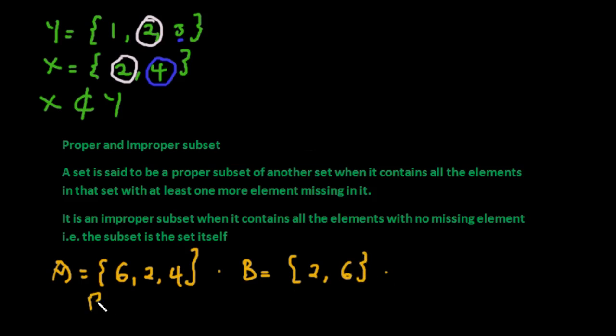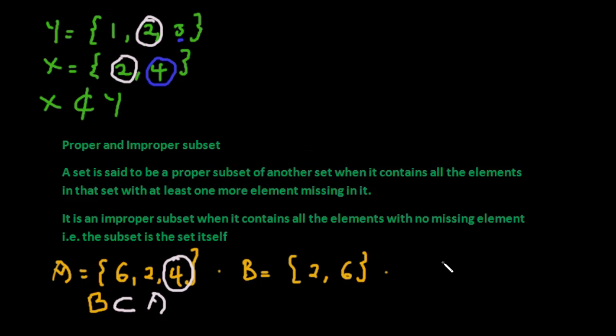Now, B will be a proper subset of A because every element of B can be found in A, and we still have at least one element of A that is not in B, which is 4. So we say B is a proper subset of A.